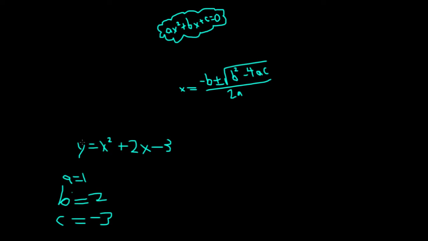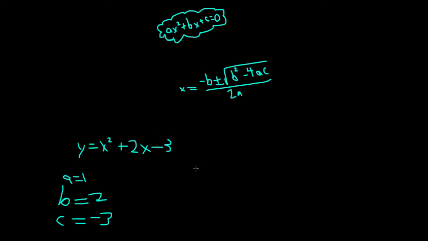So then you'd plug all these into the quadratic formula, which is x equals -b plus or minus the square root of b squared minus 4ac, everything divided by 2a. So just as an example, we'll put this in there.